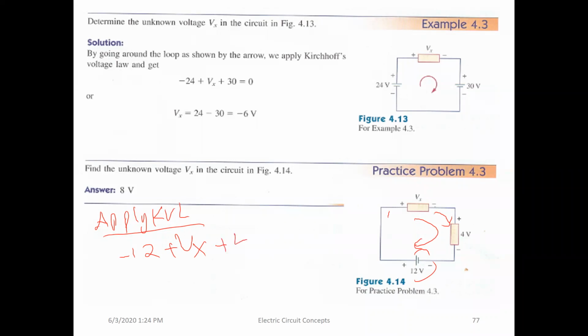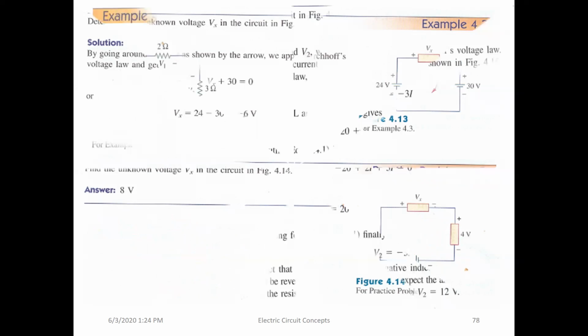So plus 4 equal to 0. So Vx will be equal to minus 8, or 8 volt. Okay, same answer we get here. Okay, good. So let's move on.